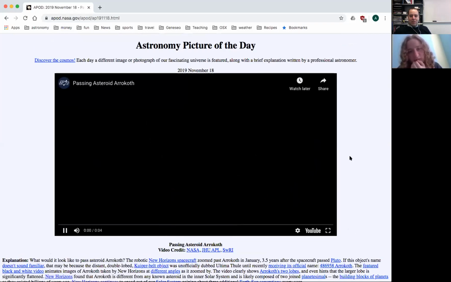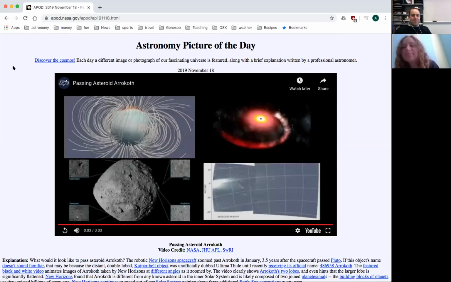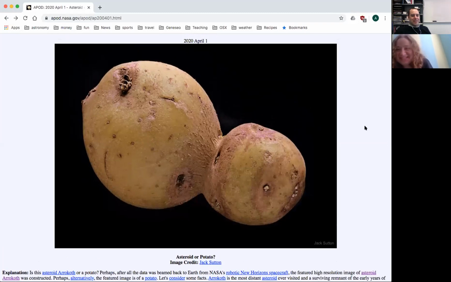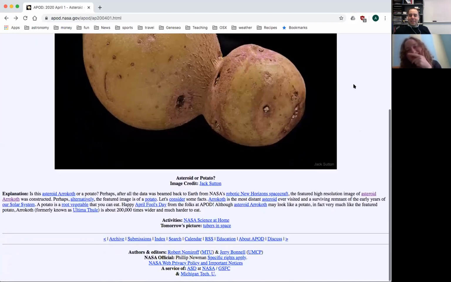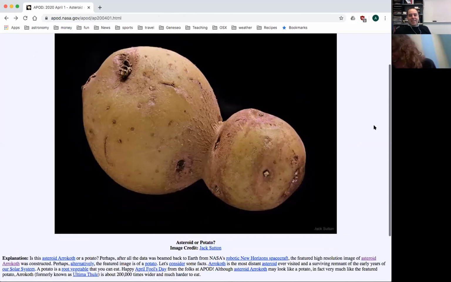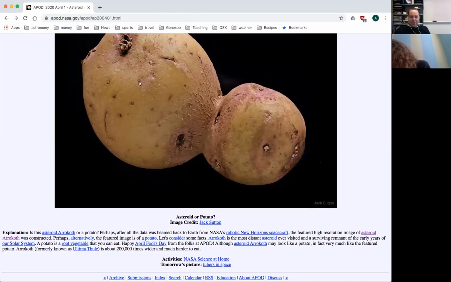Yeah, this is the picture of the asteroid itself. That's an asteroid. Oh, right? That is a potato, but they look alike. Those tricky APODers, you just never know what they're going to do. That makes me upset, that it was actually a potato. Yeah, it's just a potato.